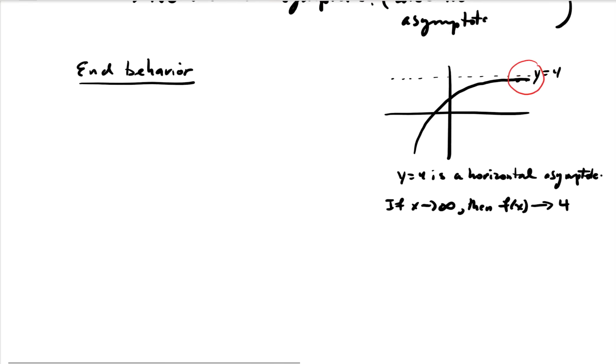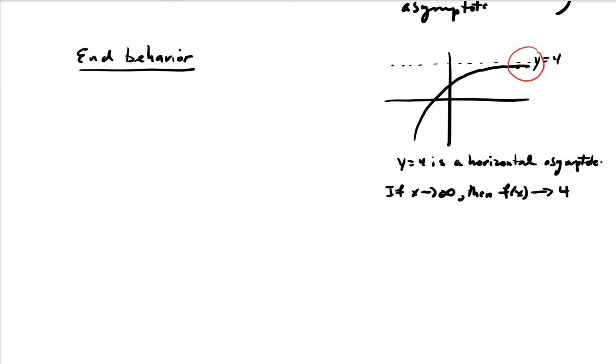So let's move on to end behaviors of polynomials. And we're going to look at an example, and you're going to see immediately how we can analyze the long-term behavior. So here's a polynomial. And I want to show you something. I'm going to do something you've never seen before, I think.